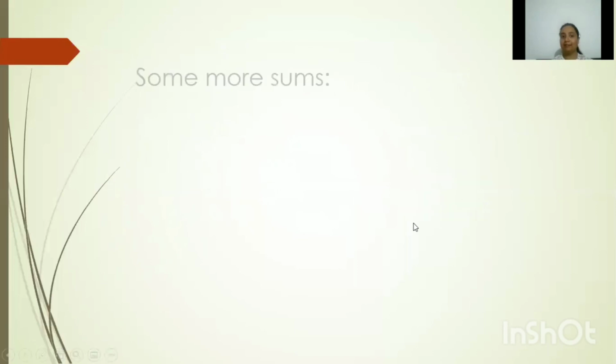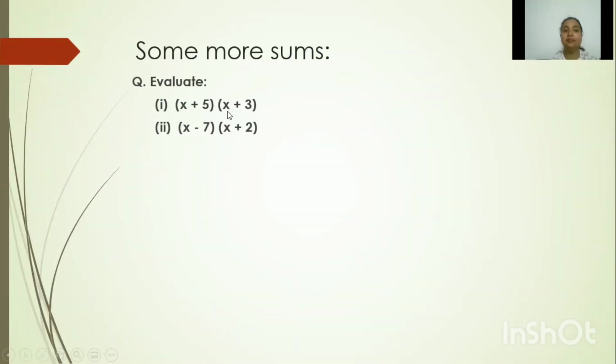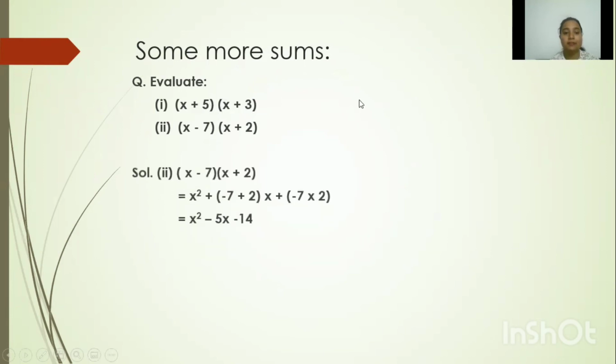See some more examples. X plus 5 and x plus 3. Okay, so the first variable is the same and the second numbers are different. And I have chosen to do the second option because of this minus sign, because many of the students feel scared when there is a subtraction sign.